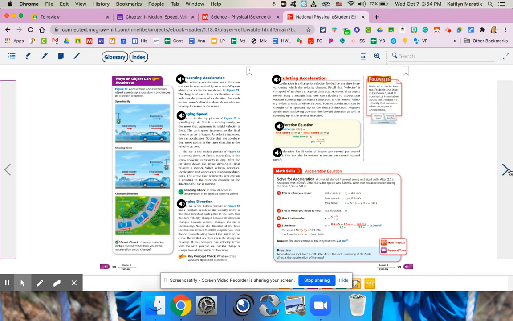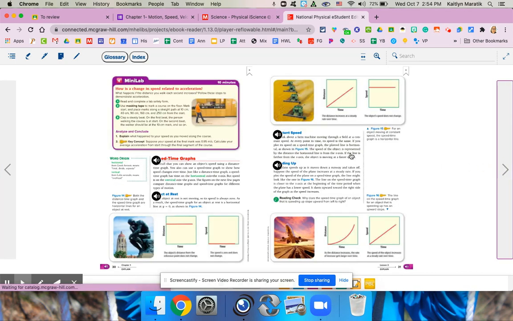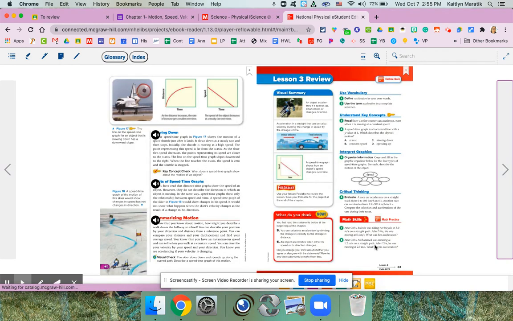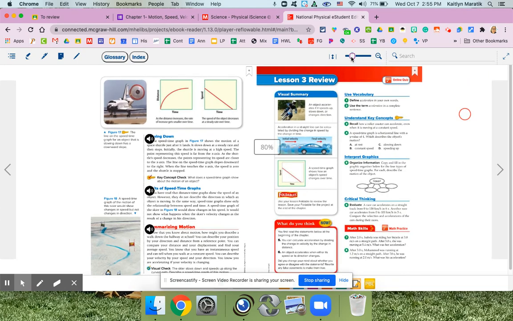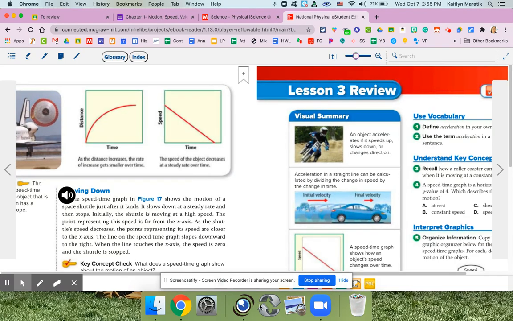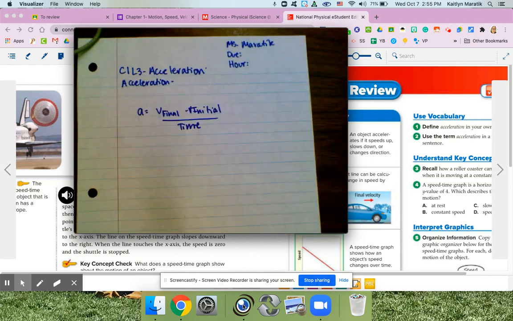So for number 7 and number 8, it said 2 seconds to 5 seconds or 3 seconds to 7. So the change in time there is 3 versus 4. Let's even just set one up here. So this is the formula, and you might want to write this down.